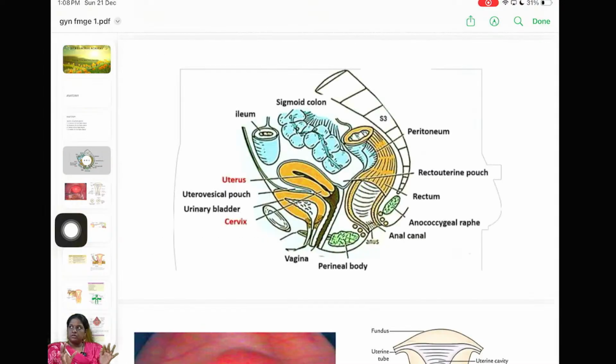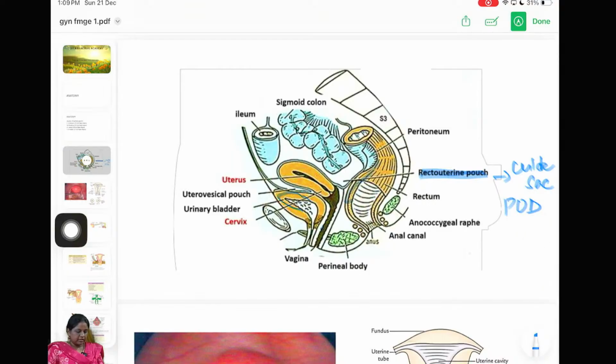This we know. These are the relations of all the organs to the uterus and cervix. So uterus, cervix, and vagina will be here, and then in front will be the bladder, and at the back will be the rectum. And we have the rectouterine pouch. That is the cul-de-sac that we were speaking about yesterday, or the pouch of Douglas.